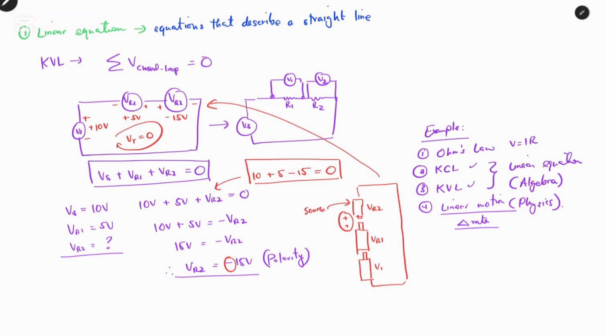So when you see from a diagram, if we have VR2 which is plus and minus, which now acts as a source, we can have resistor 1 and the voltage source and the VR1. This is plus minus plus minus.